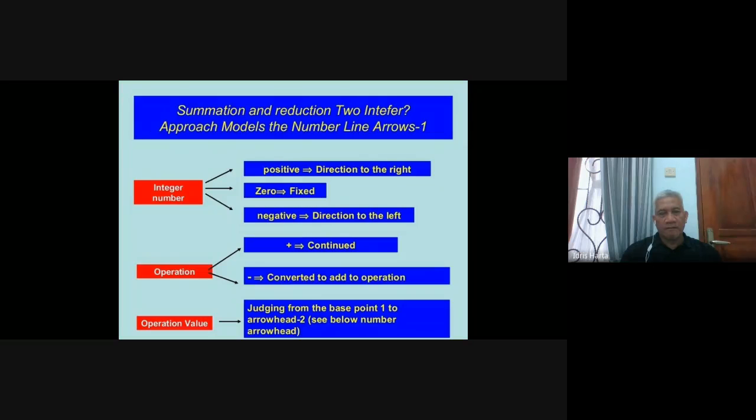Summation and reduction of integers. Approach model, the number line. Integers consist of positive, direction to the right; 0, fixed; negative, direction to the left. The operation value is judged from the base point on the number line.